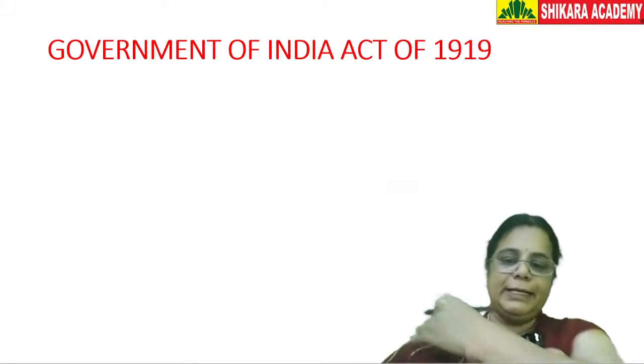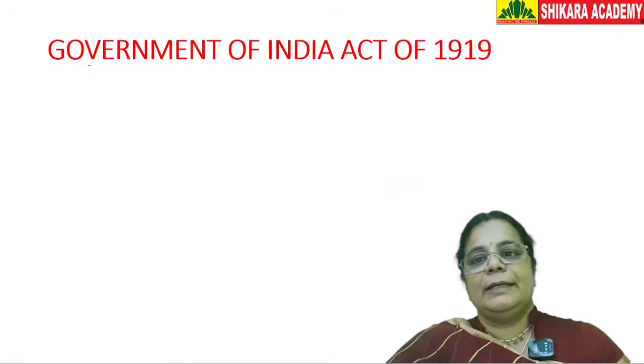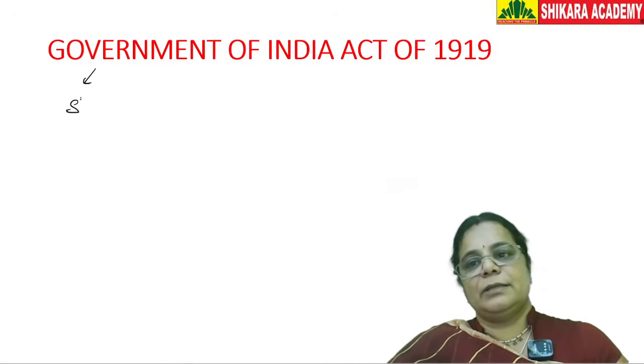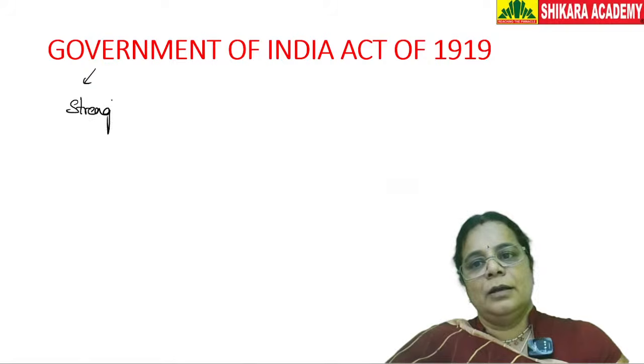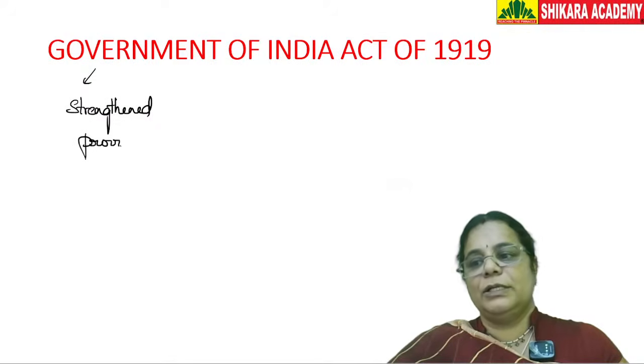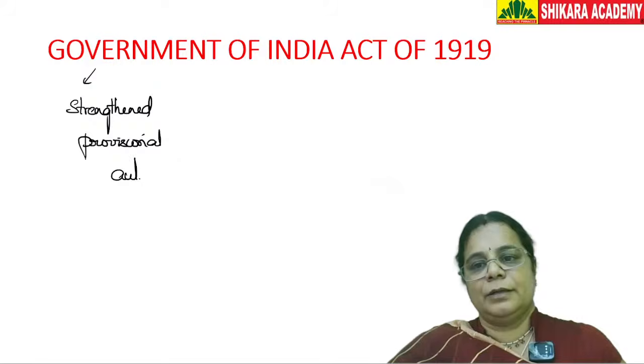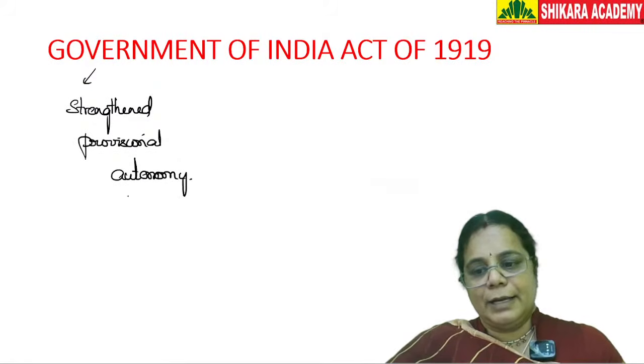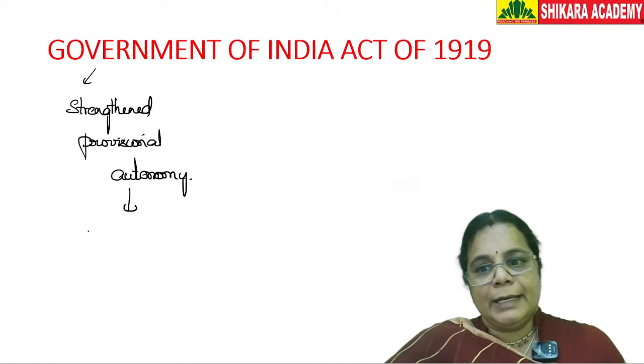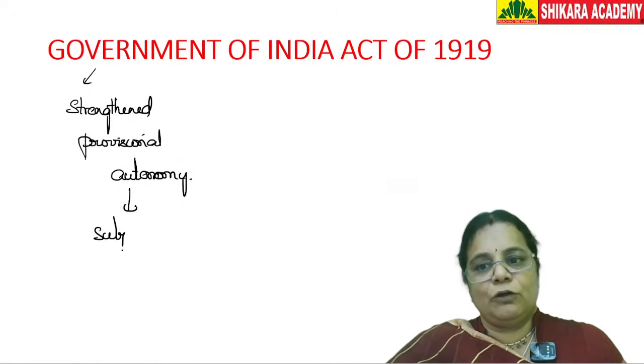Now, what about the 1919 Act? The 1919 Act basically strengthened provincial autonomy. How did it strengthen the provincial autonomy? It ensured that the subjects of governance were divided into two lists.